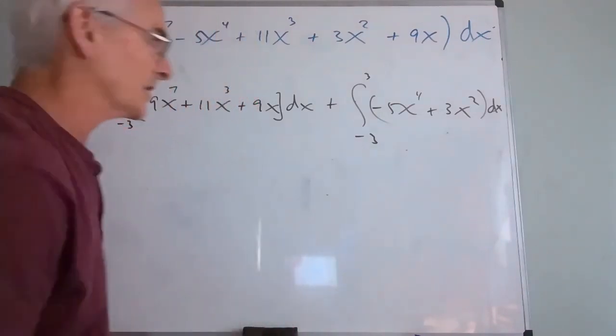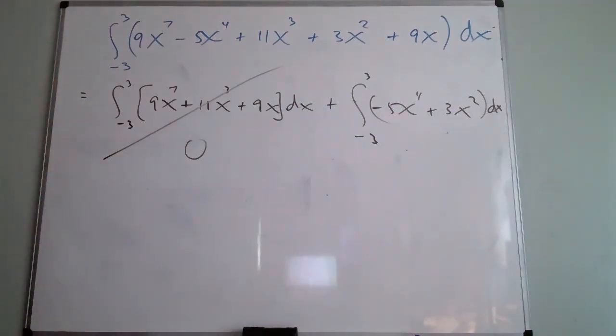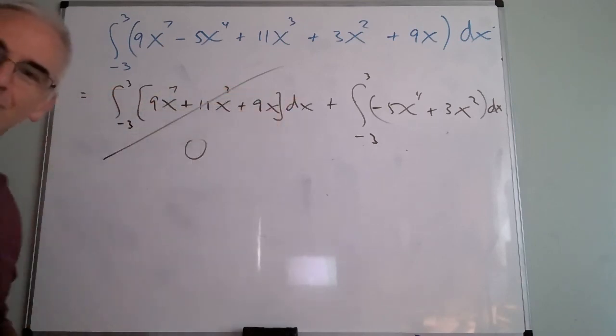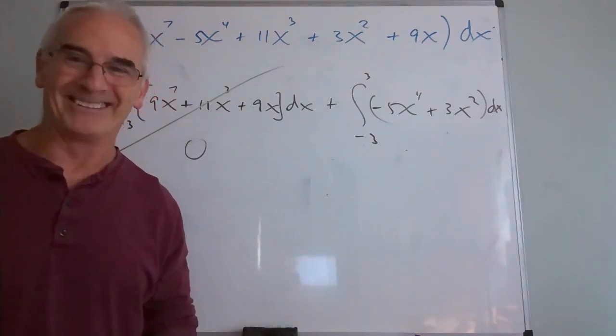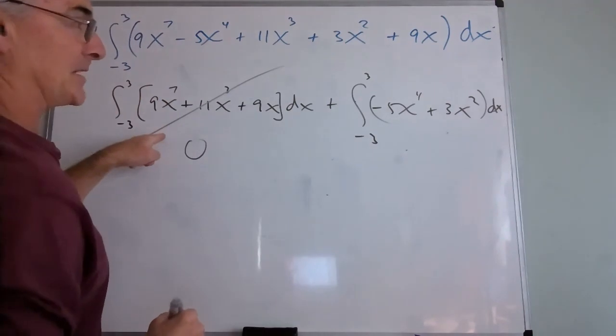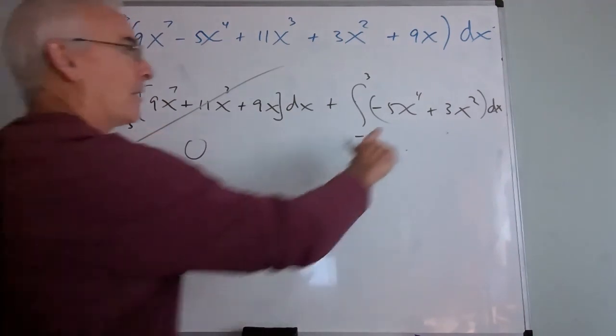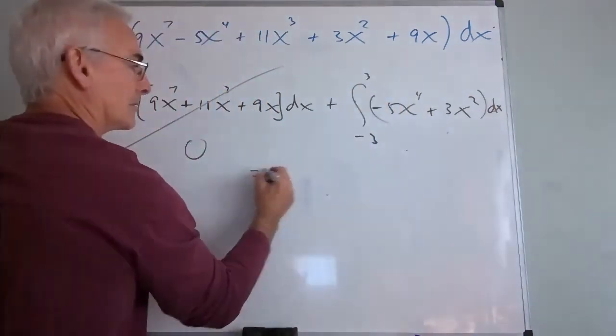Why would I want to do such a thing? Well, because that's 0. Why is that 0? Odd function, symmetric limits. You like that so far? This is what I would do. I just eliminated most of the work in the problem. Oh, by the way, even function, symmetric limits.